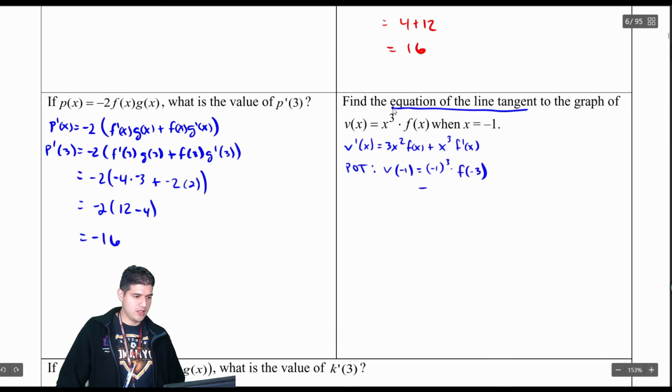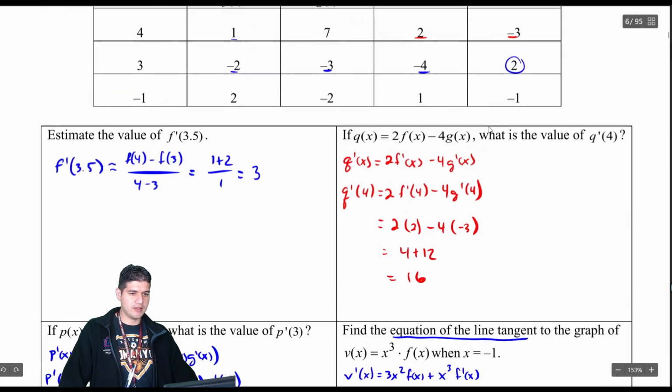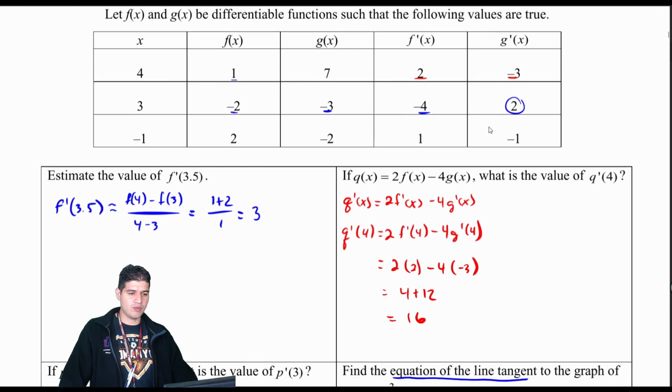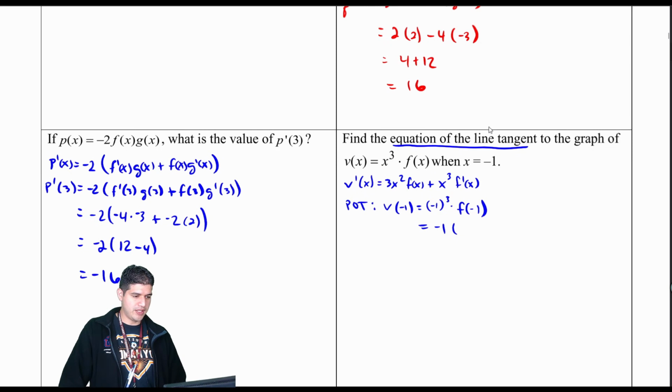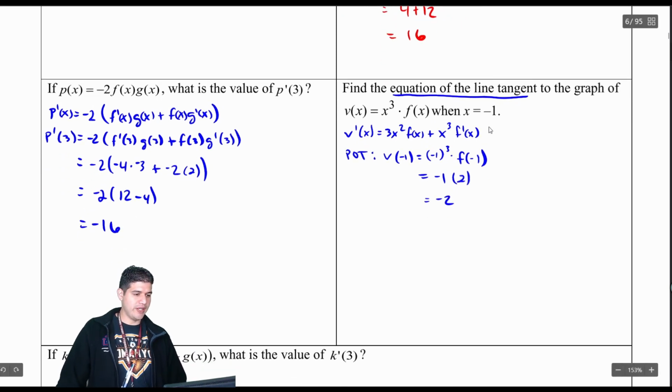So that's going to be negative 1 times f of negative 1. Sorry, I wrote 3 right there. Fixed. All right, so f of negative 1, I come up here. F of negative 1 comes out to be 2. All right, so that's going to be negative 1 times 2, which is negative 2. So my point of tangency would be negative 1 comma negative 2.